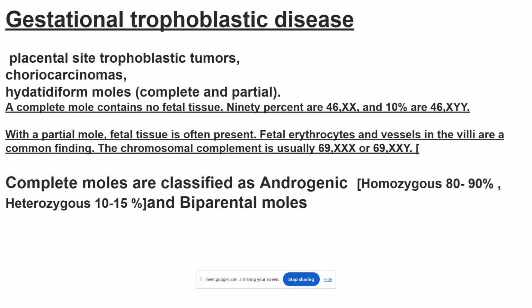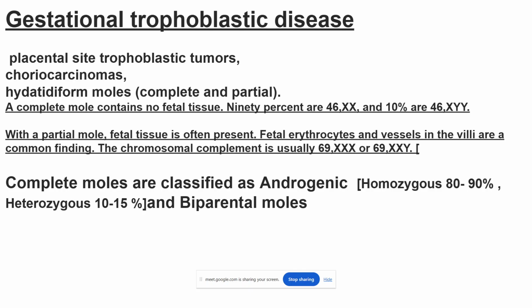It's only the placental structure which is abnormal, having some flower-like or leaf-like projections. That is the situation in the case of the complete mole. Whereas in a partial mole, fetal tissue is present, along with fetal erythrocytes and vessels and some other structures. At times there could even be a twin pregnancy, with one normal tissue and another molar structure.